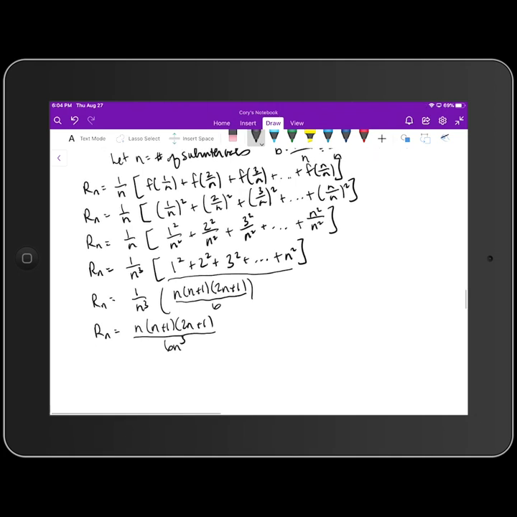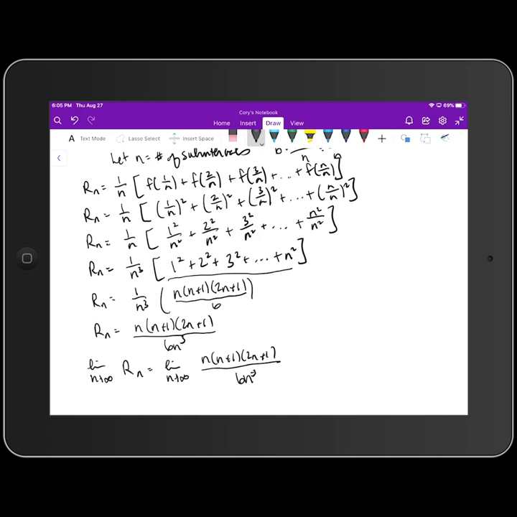So if we take the limit as n goes to infinity of this right Riemann sum, which is the limit as n goes to infinity of n times n plus 1 times 2n plus 1 all over 6n cubed, then that's going to give me the exact area underneath that curve from x equals 0 to x equals 1.